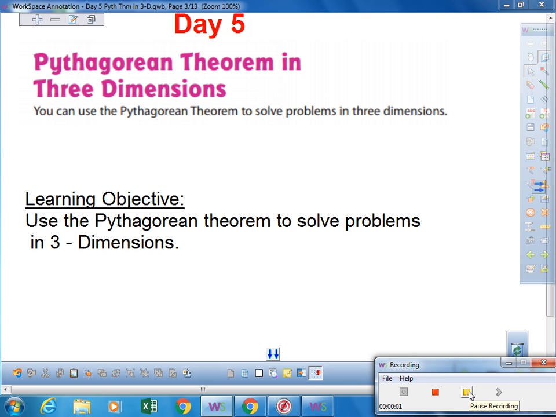But what we're ultimately trying to find is a diagonal. So if you have a prism that goes from the very top corner to the diagonal corner, it goes diagonally through that box. So that's what we're trying to find.